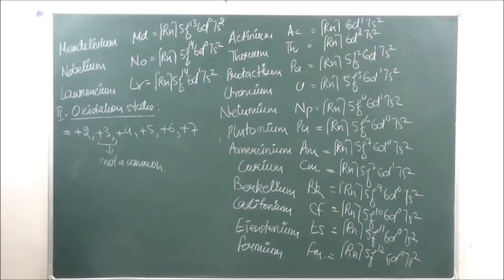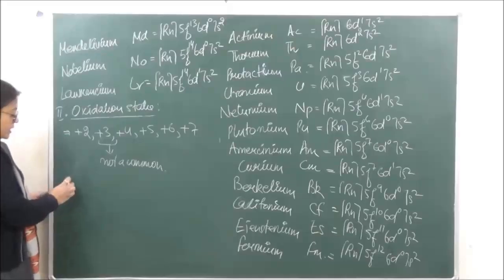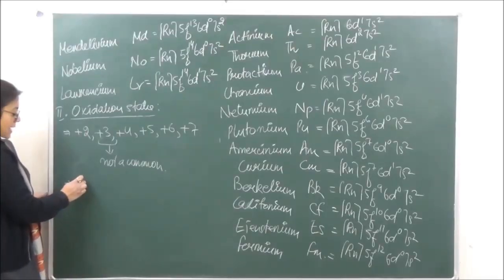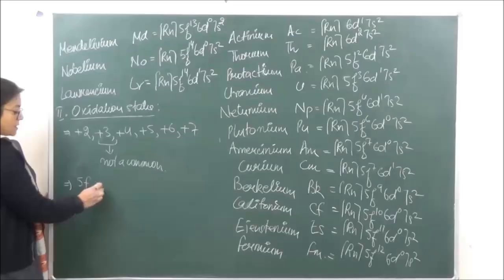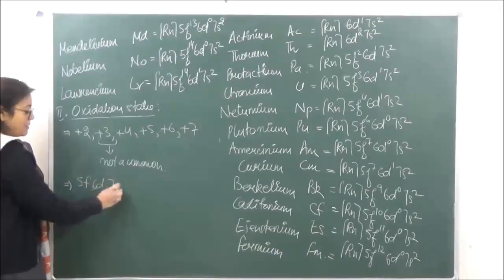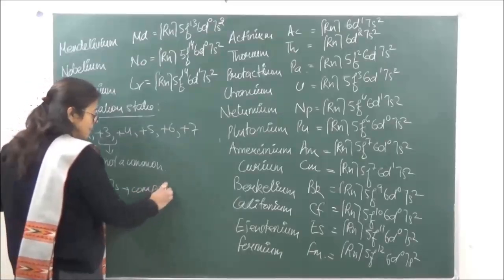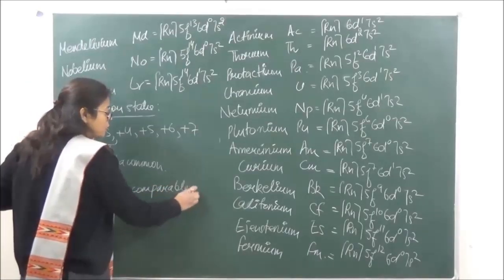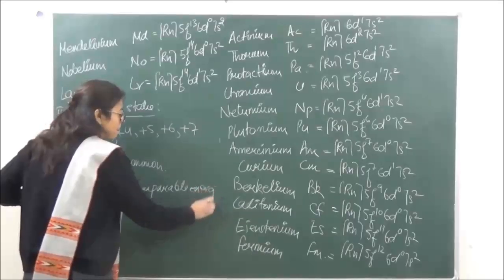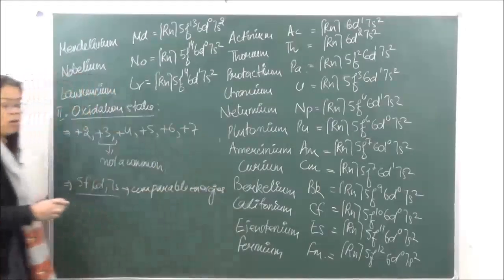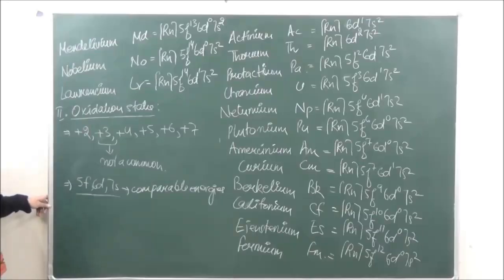Why is this happening? Why do they have so many variable oxidation states? The reason behind this is that 5f, 6d and 7s all are at comparable energies. Okay? Because they are at comparable energies, all of them can participate in bonding.